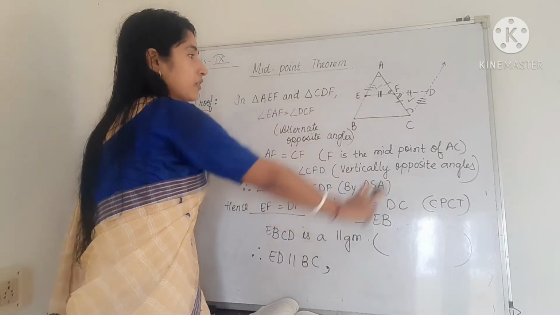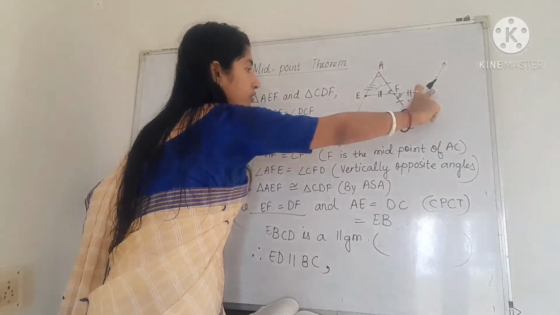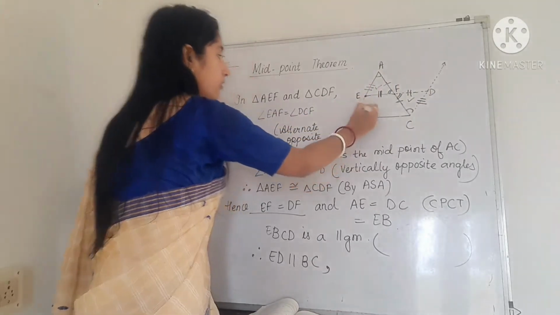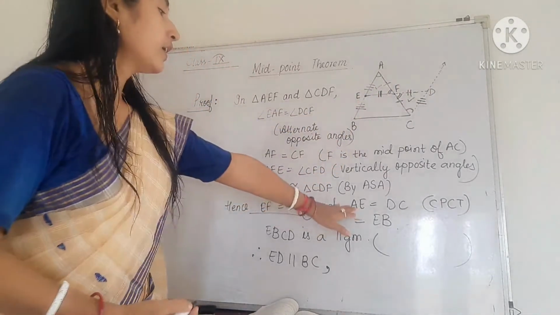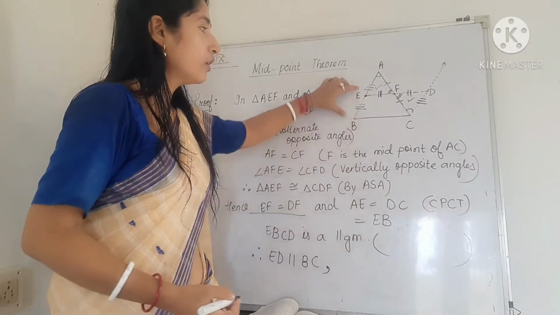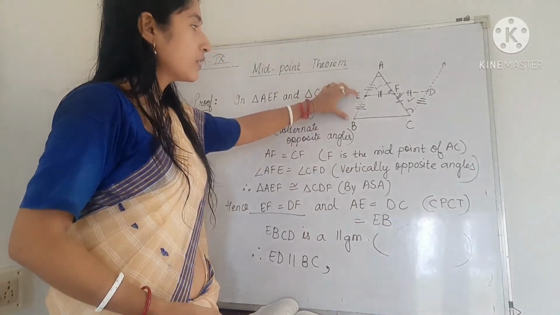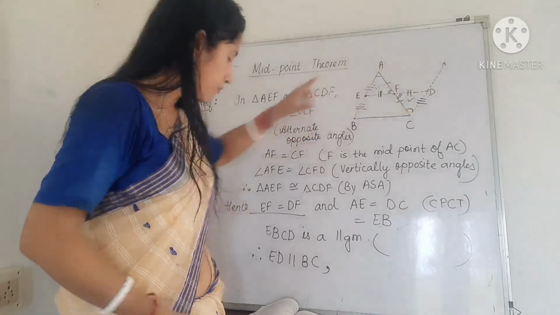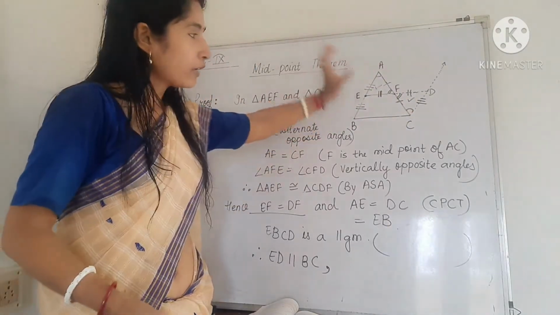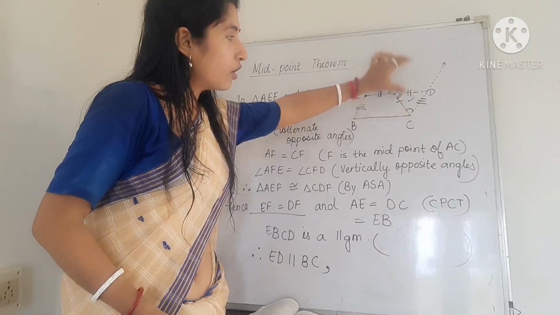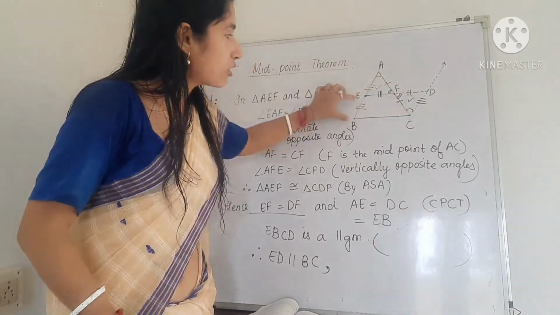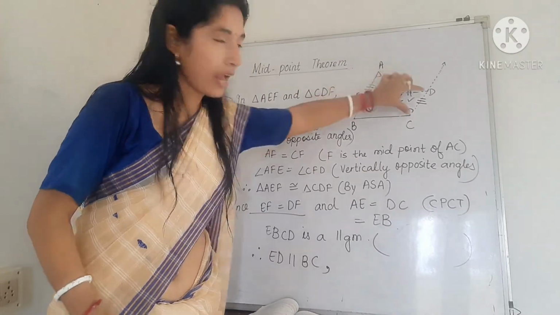But from CPCT we got AE is equal to DC also. So these three are equal: AE is equal to DC is equal to EB. So now we got EB is also equal to DC. And also by construction we know that DC is parallel to this side. So they are parallel and equal.